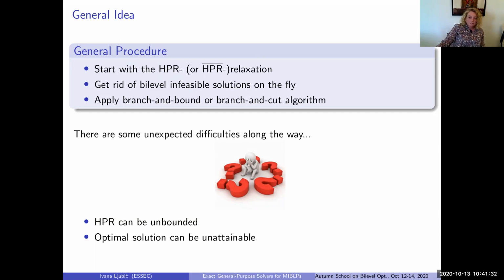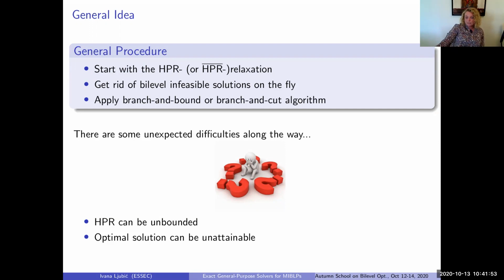And the two ways are the most standard ways to get rid of this solution. We can do that either by applying some kind of branching, a multi-way branching, or by introducing cutting planes, or by doing both. And so I will explain you in details how to do that.